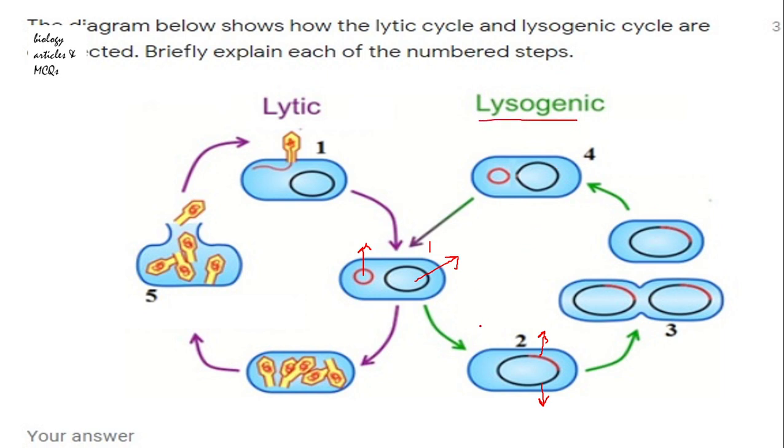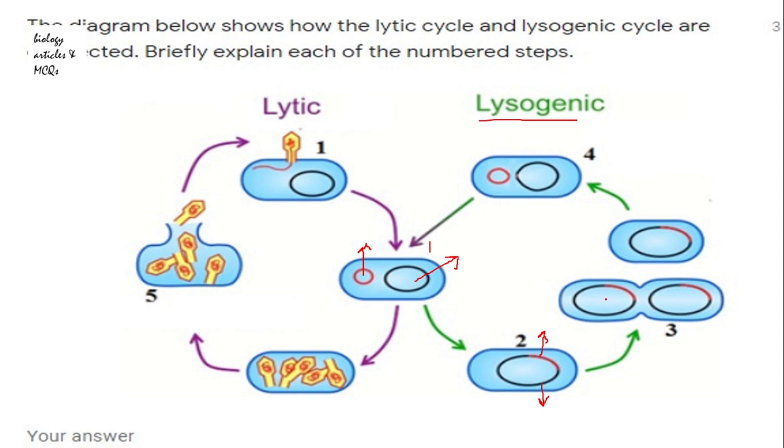And this type of bacteriophage, whose DNA is incorporating, is also called a prophage, or you can say it is called the lysogenic phage or avirulent phage. In the next step, the DNA of the bacteriophage will replicate along with the bacterial DNA.